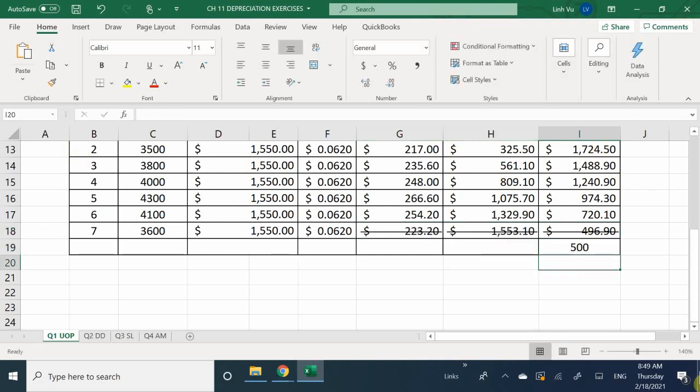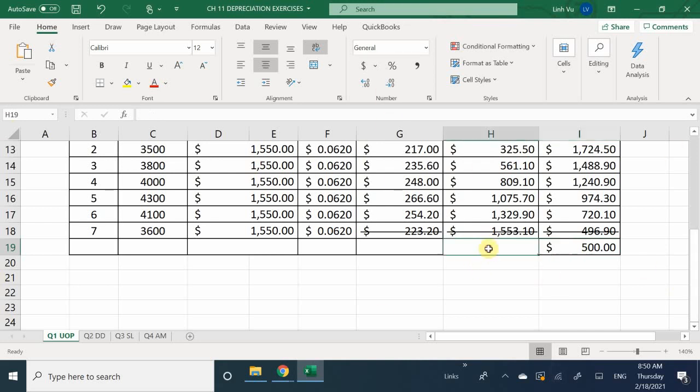If I know that I'm at $500, I can't fall below the $500 threshold. So how do I solve for my accumulated depreciation? I have to work backwards now.